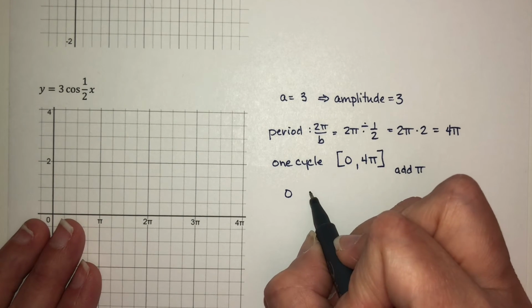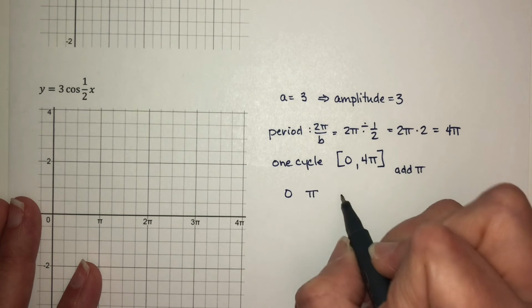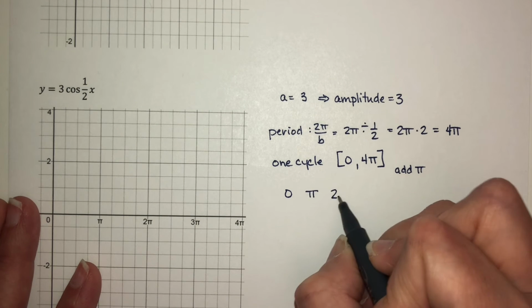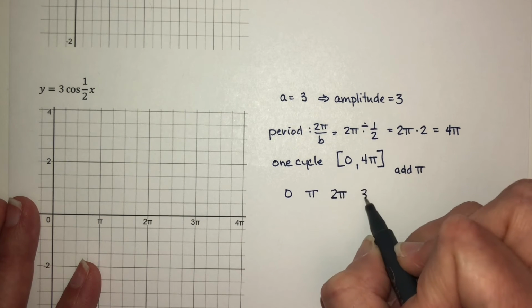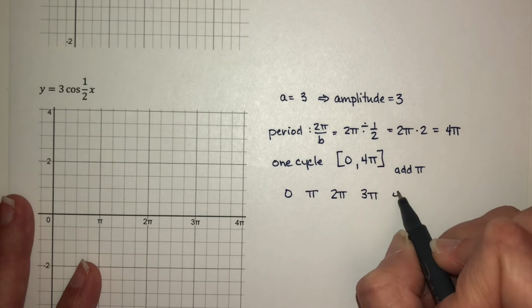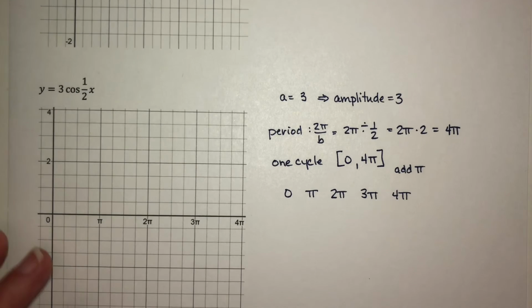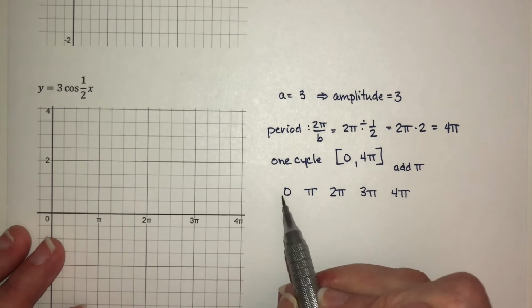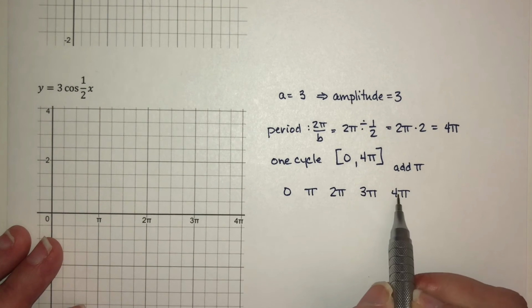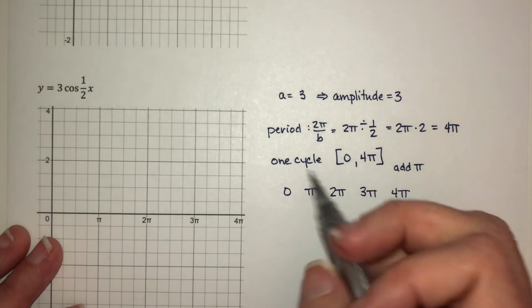So our next x value will be pi. Our next one will be 2 pi, then 3 pi, and then 4 pi. Okay, so these are the x coordinates of our 5 major points.